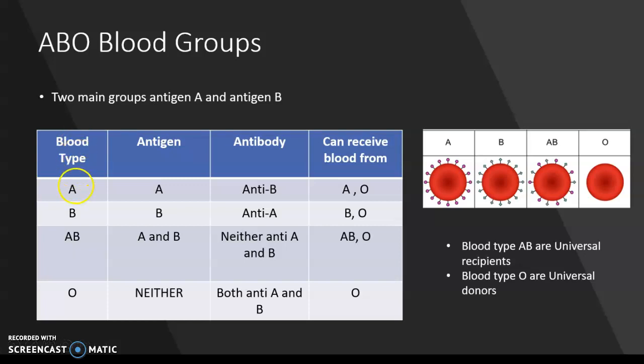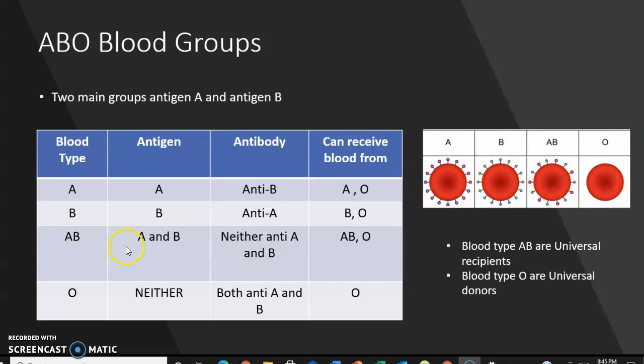So it's blood type A, B, AB, and O. Basically, blood type A has antigen A, blood type B has antigen B, blood type AB has A and B, and type O has neither. Here in this picture, you're able to see that blood type A has antigen A, B has antigen B, AB has both, and O has neither.